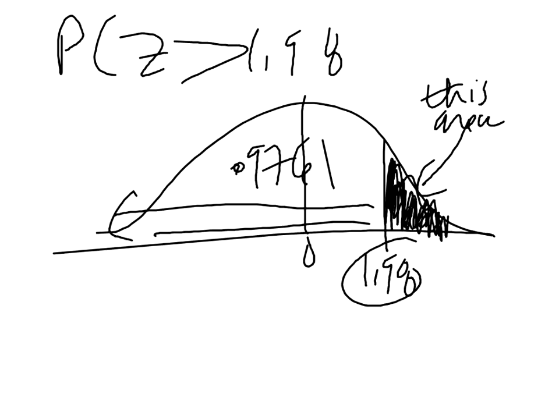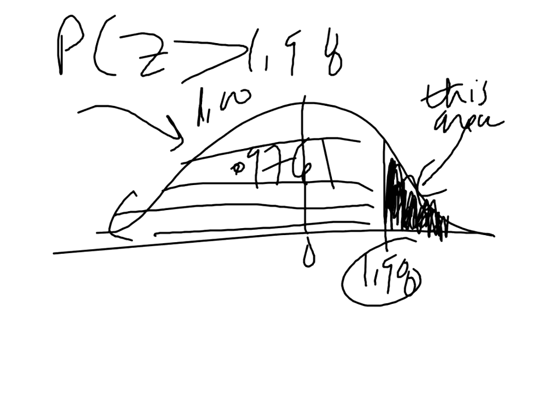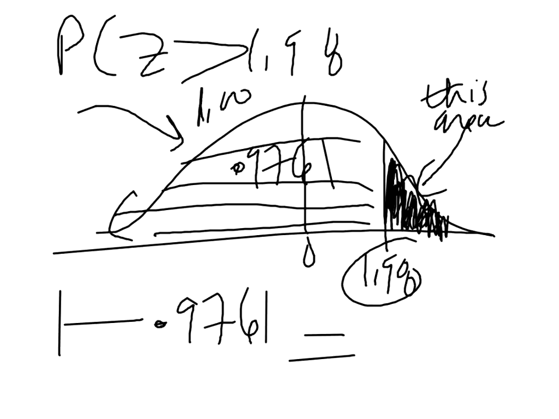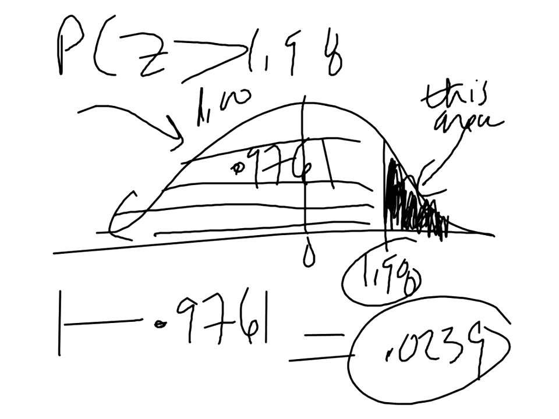Okay, that's all of this area here, 0.9761, and if we subtract, we know the whole area of the curve is 1.00, so if we take 1.00 or 1 and subtract 0.9761, which, excuse me, leaves us with 0.0239, that is exactly the area that's in that right tail there, or as a probability, 2.39%.